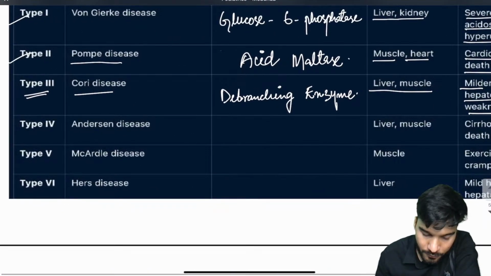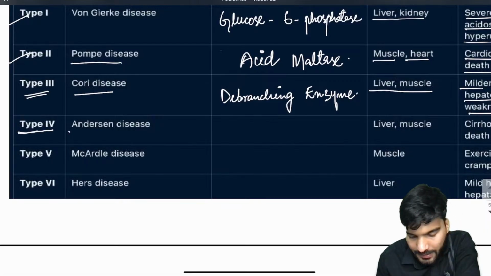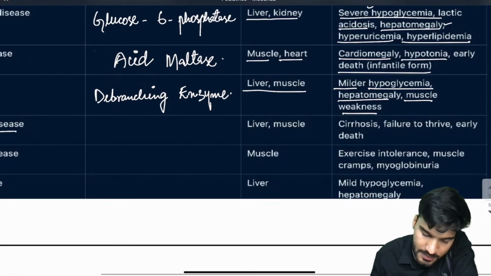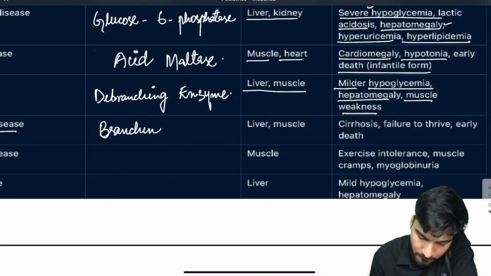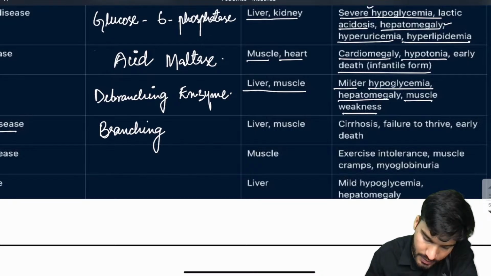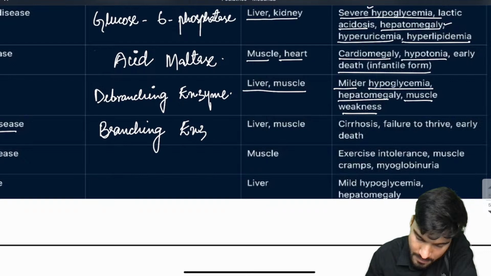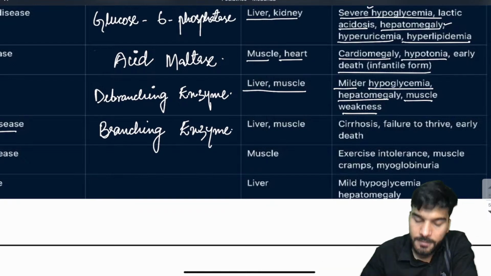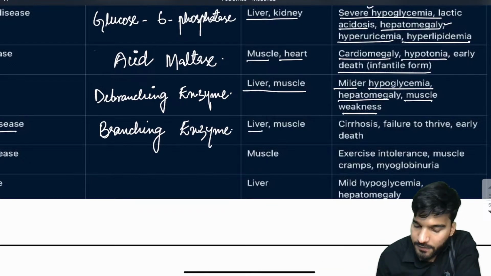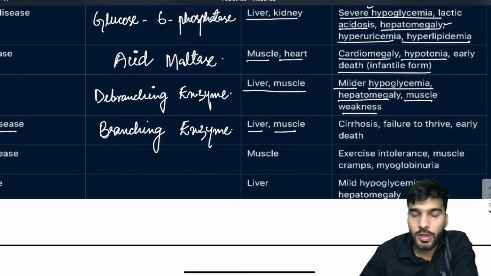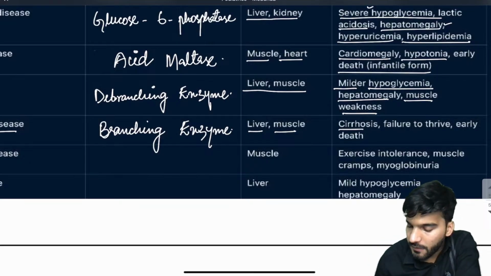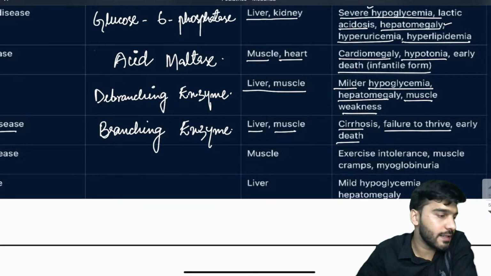Next is type 4, which is Anderson disease. In Anderson disease, the enzyme deficient is the branching enzyme. It involves liver and muscle. The features are cirrhosis, failure to thrive, and early death.